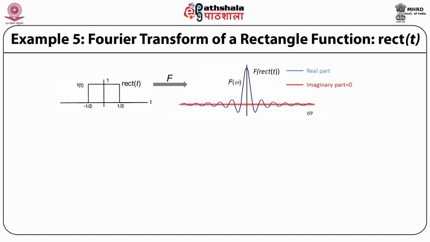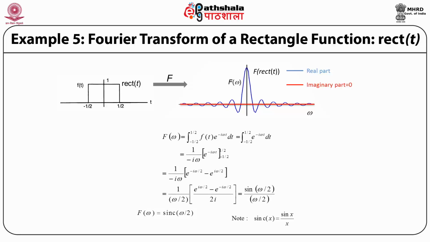If you put the values in the equation, then F of omega will be equal to the integral between minus 1 by 2 and plus 1 by 2 of f of t e to the power minus i omega t dt. Then when you solve it, you will get finally sine of omega by 2 divided by omega by 2.